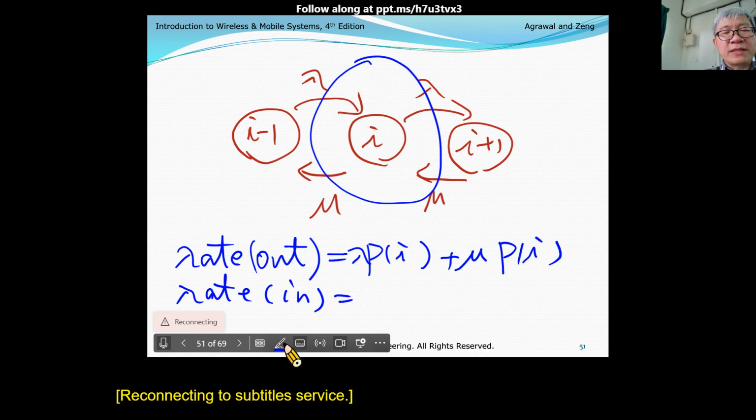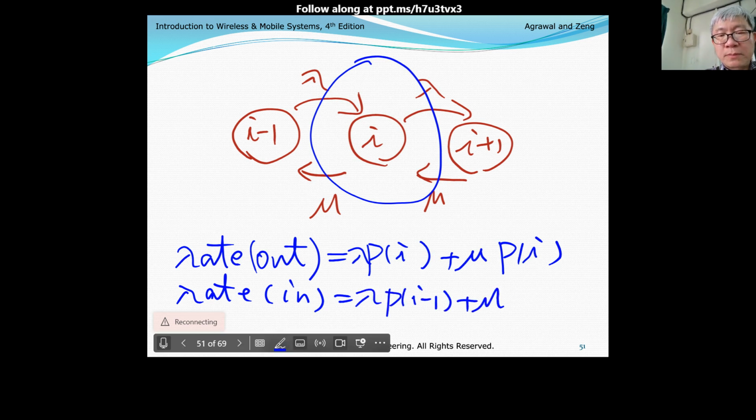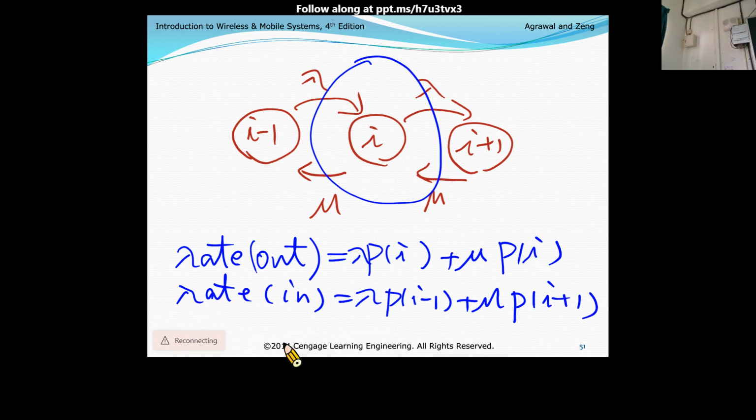We have this. And set the two rates to be equal, and so that we have the balance equation, right? So currently, is it okay?